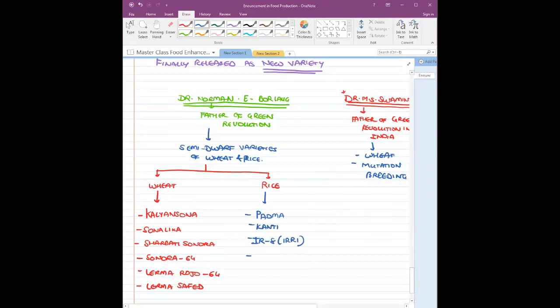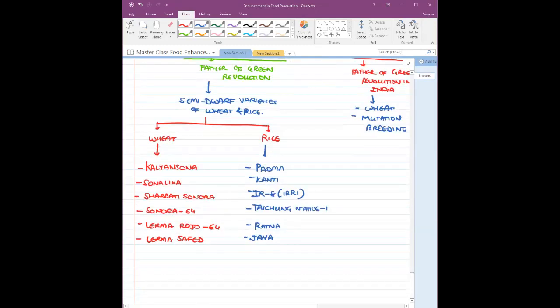Then we have Taichung Native 1. Then we have Ratna, Jaya, and finally we have Vijaya and Jayanti.